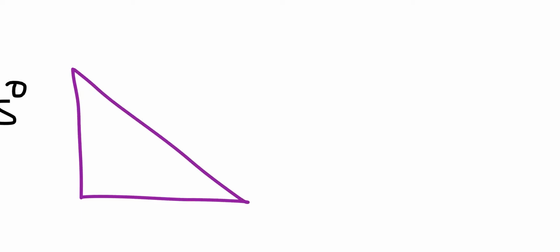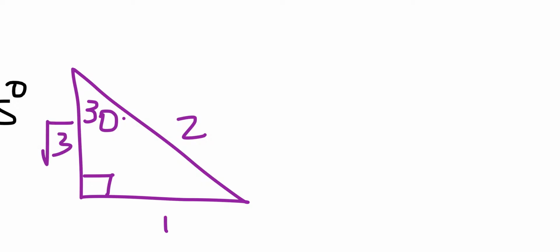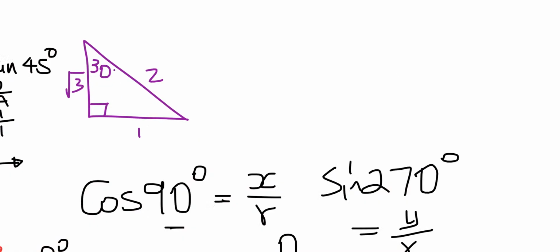Okay, let me start with this one of 30 degrees, whereby the hypotenuse or the radius is 2, and then that is 1, and that is square root of 3.